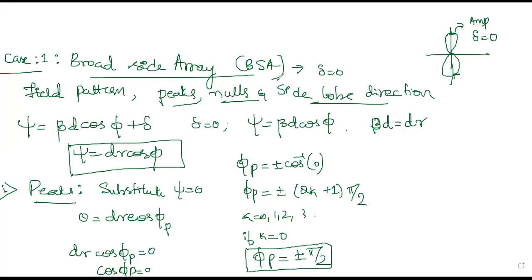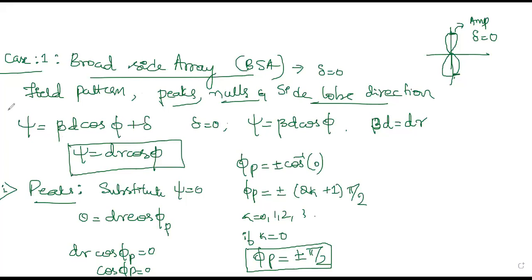In the problems, they will give you certain parameters. Say, consider a broadside array with n equal to 4, d equal to lambda by 2. Draw the pattern. At that time, you have to find out the peak, null, and side lobe directions. Whenever a broadside array is given, take delta equal to 0. Here you will be finding the field pattern, so you have to plot the peaks, nulls, and side lobe directions.